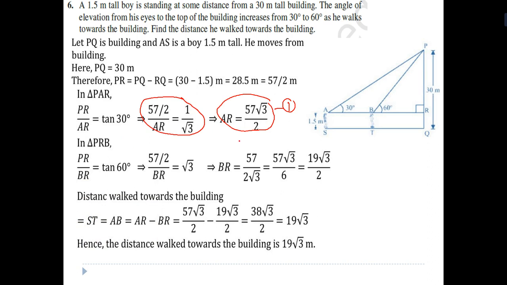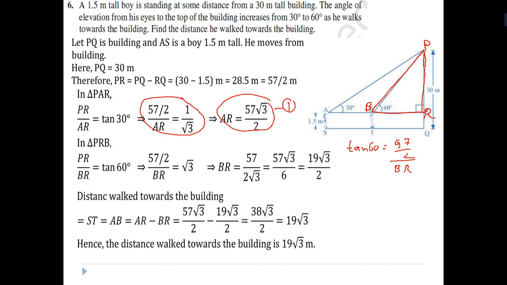Now here P, B. So here it is B, here it is R, here it is P. Now tan 60 we have to use again, and we have to find out BR. So tan 60 is equal to 57 by 2 divided by BR.